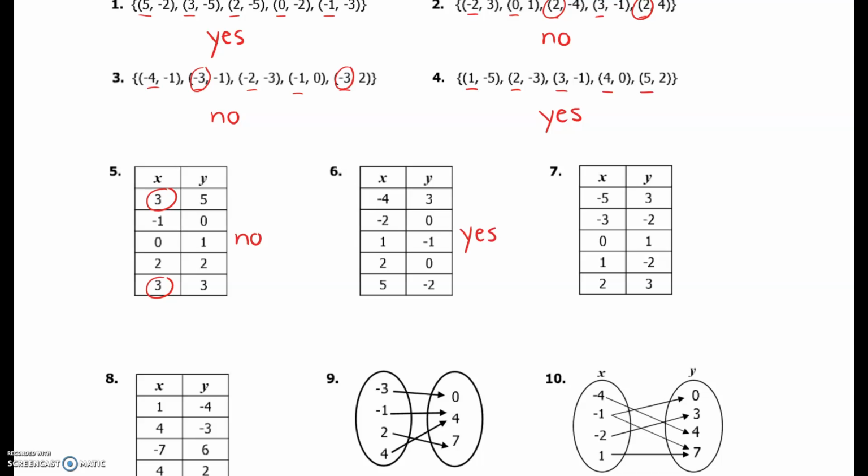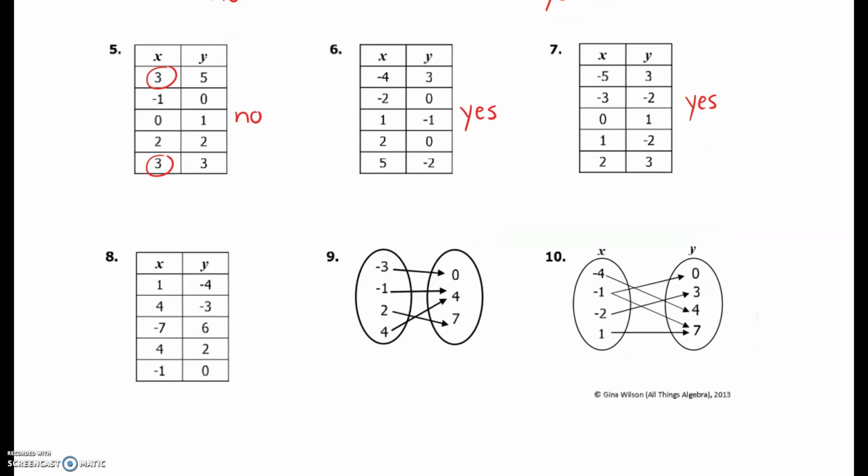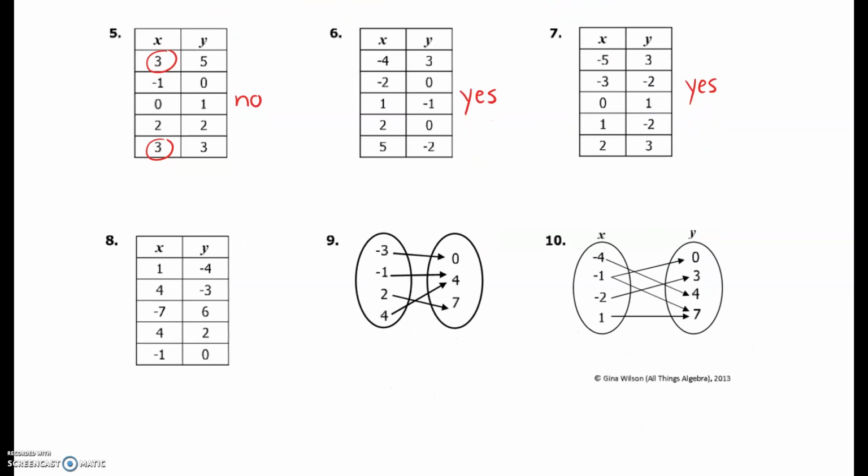This is a function. In number 7, again, I see that all of our x values are different numbers, so yes, this is a function. In number 8, if you look at the x column here, you should notice that there are two 4's. So when you notice there's two 4's here, you will automatically say this is not a function.